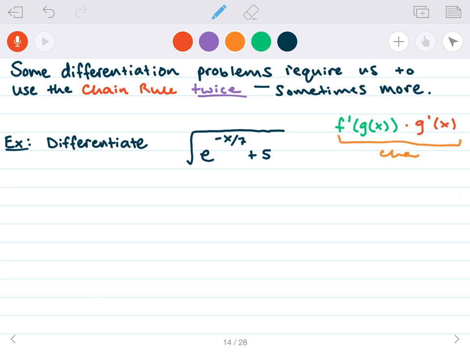And what I'm going to do first, when we're trying to differentiate this thing, is rewrite this as e to the negative x over 7 plus 5 all raised to 1/2. And the first thing I'm going to do is identify my outer function and my inner function.